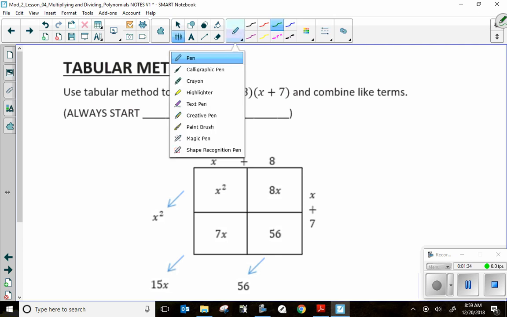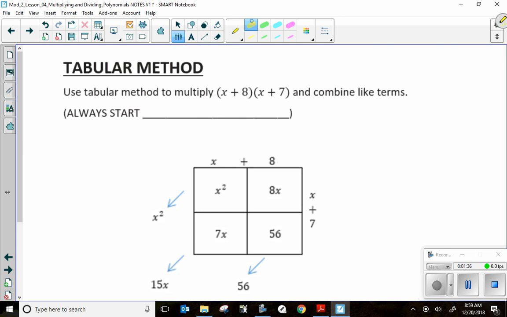I take one of my factors that I'm multiplying and I put it on the top, okay? That's why I have 2 columns. Then I take my second factor, and I put it on the side here.